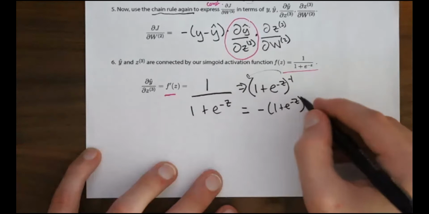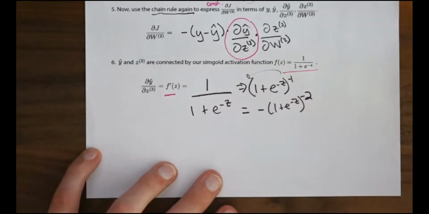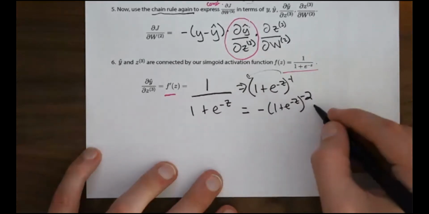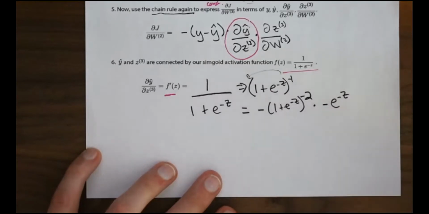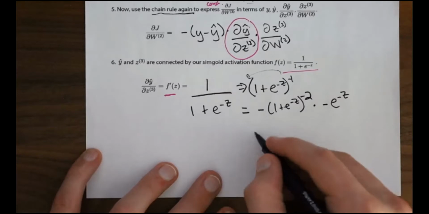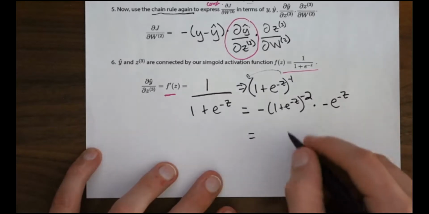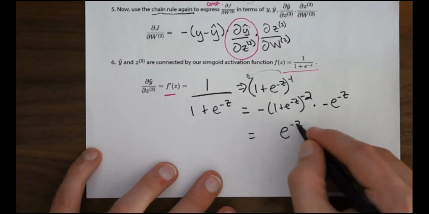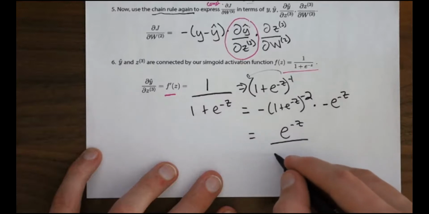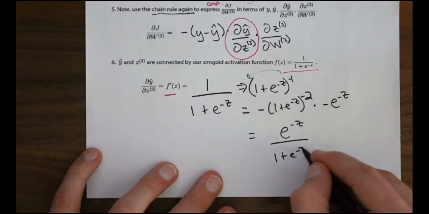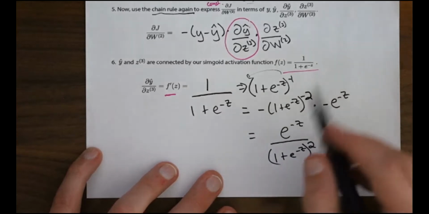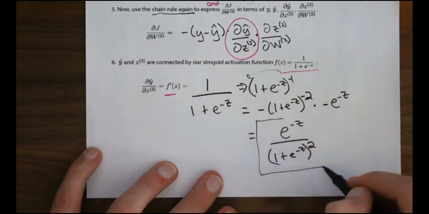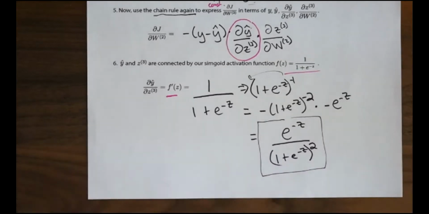I subtract 1, so I get the exponent minus 2, and then times the derivative of the inside, which I believe is minus e to the minus z. So I get something like e to the minus z over (1 plus e to the minus z) squared. This can be simplified a bunch, but I'm not going to worry about it too much right now. If this was a quiz, I'd be plenty happy with this answer. So there's my derivative. Hopefully that makes sense.